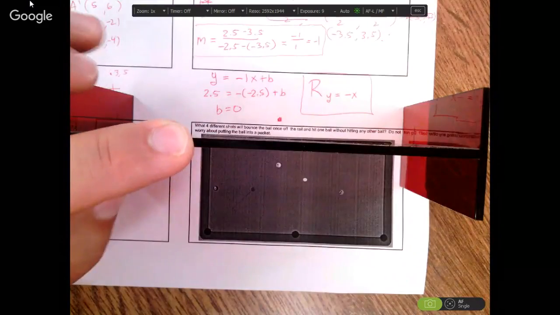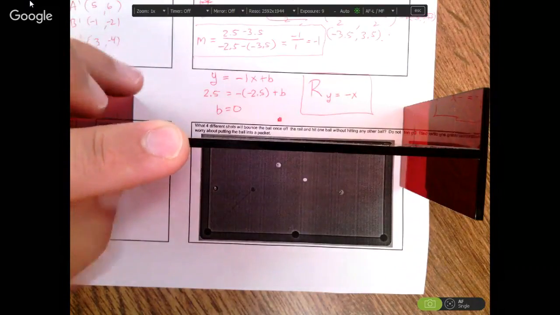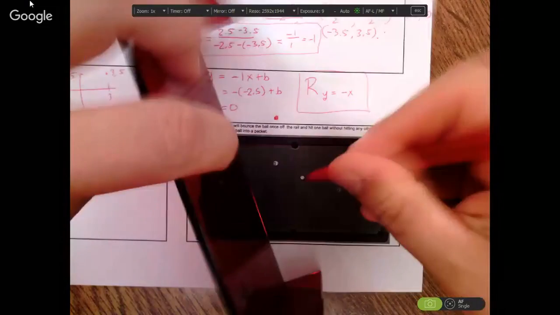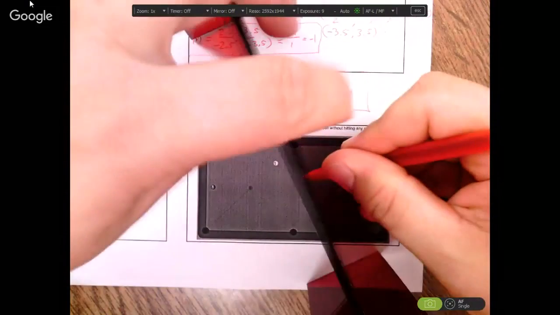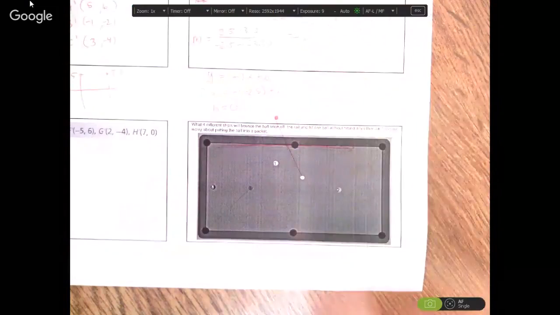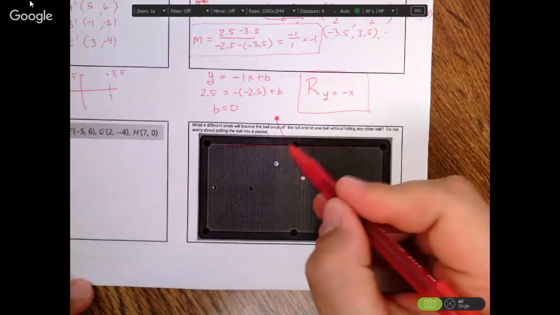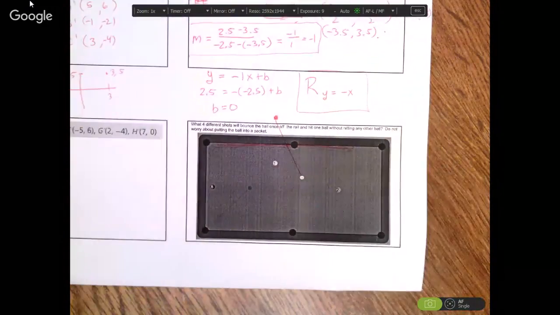If this is cheating, then every professional pool player cheats. Then I connect the white ball to my reflection, and that's exactly where I need to aim on my rail. If I aim exactly for that, it's going to bounce perfectly back and hit just that ball. I'm never going to lose it.